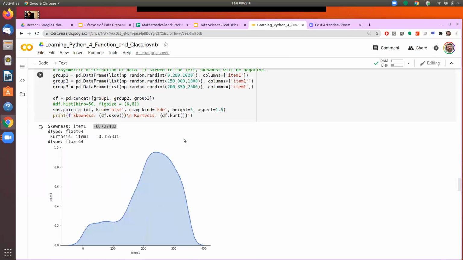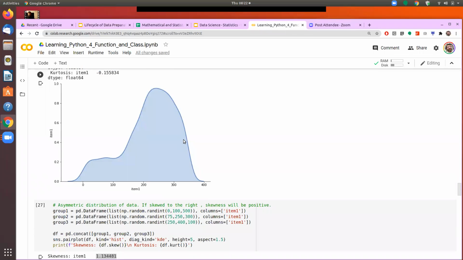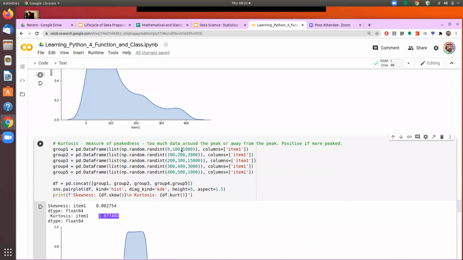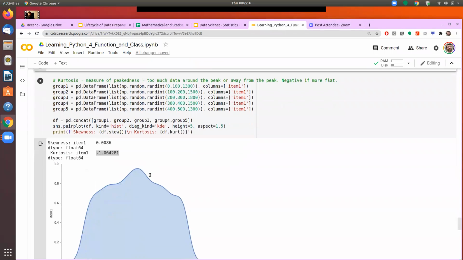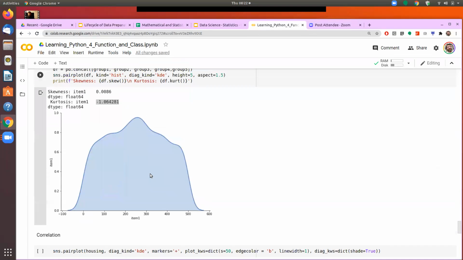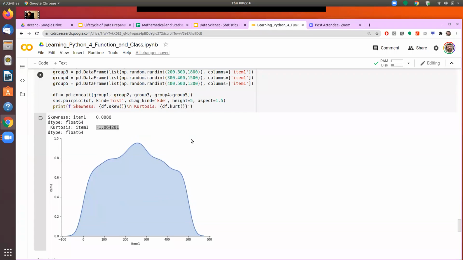If it is peaked around the center, the number would be positive, and if it is more flat, then the number would be negative. That's how we have now got a statistical feel of the data. And then we can also measure the dispersion in terms of the standard deviation and the variance. So we now have a good feel of our data.